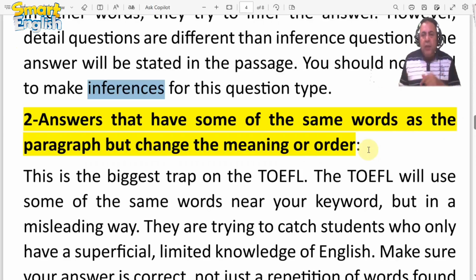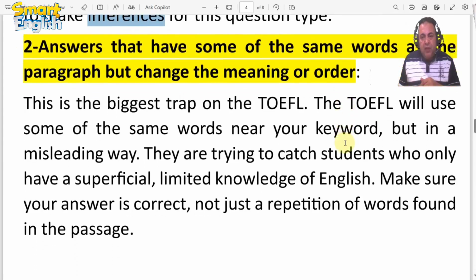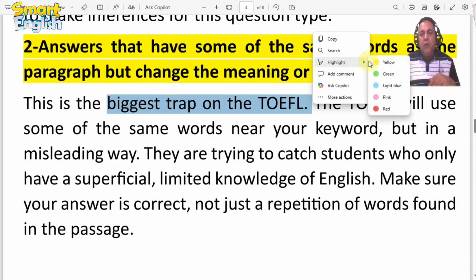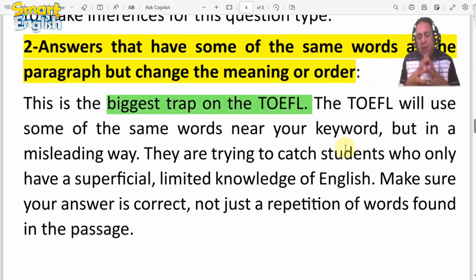So let's get the details about this strategy, or this trap to avoid. This is the biggest trap on the TOEFL, so it is a common one, because you will face it many times in the exam.